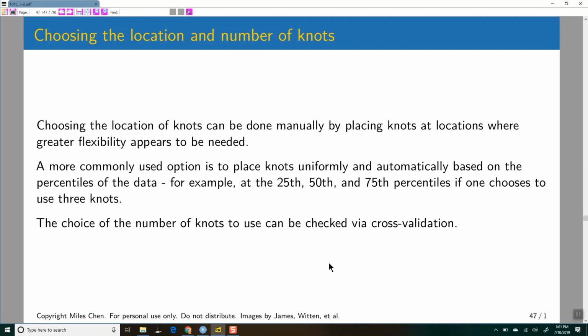And there's always that question of, do I want a really flexible model, which will generally have what? Low bias, high variance? Or do I want a less flexible model, which will have more bias, but maybe less variance? And how do we know what's best? Either we have intuition about the data and we say, well, based on my experience, we should have knots here and here and here. Or we just say, I don't know, let's check cross-validation, okay?